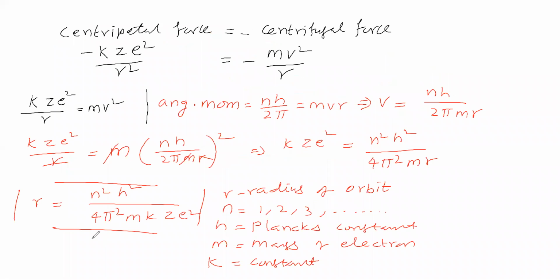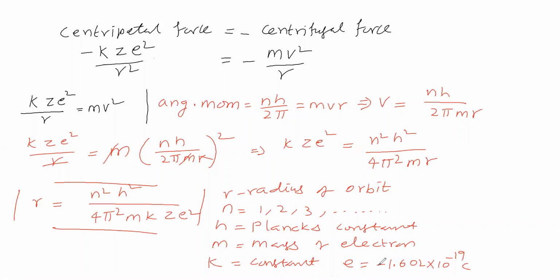Next we will say Z. Z is called atomic number. E is called charge of electron, which is equal to minus 1.602 into 10 to the power of minus 19 coulomb.